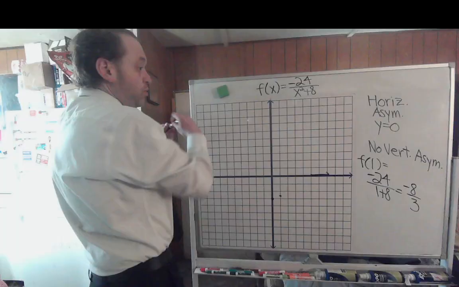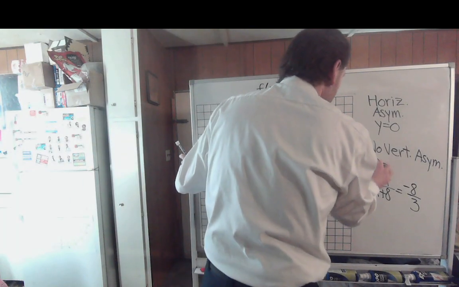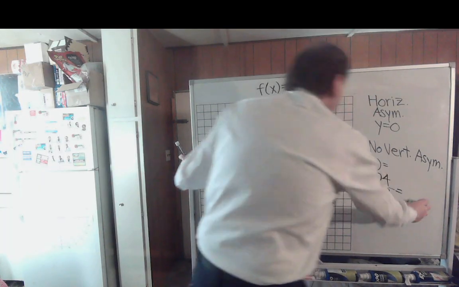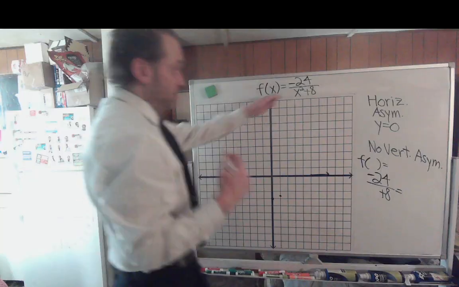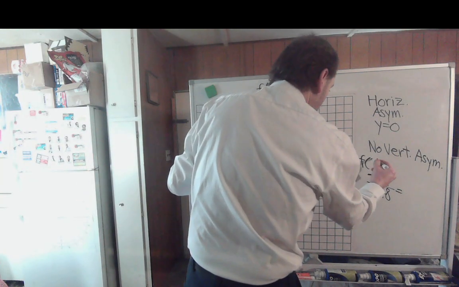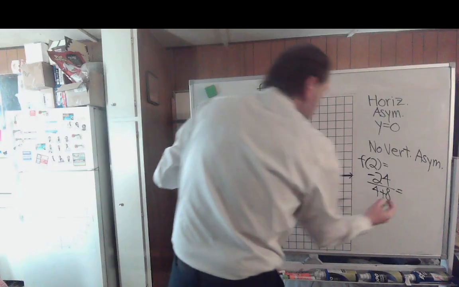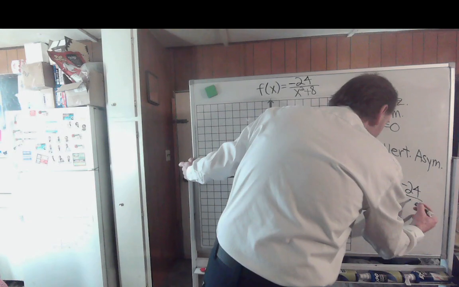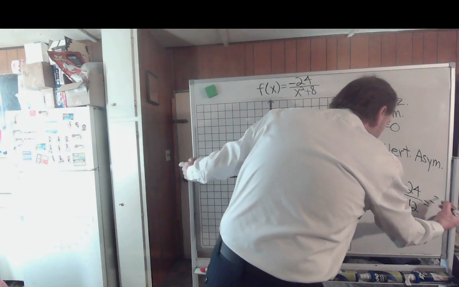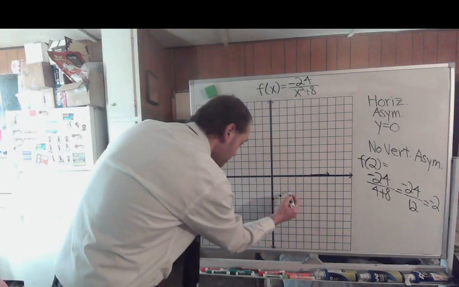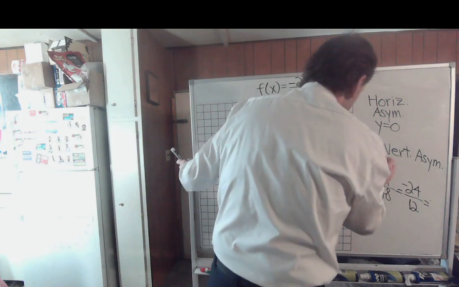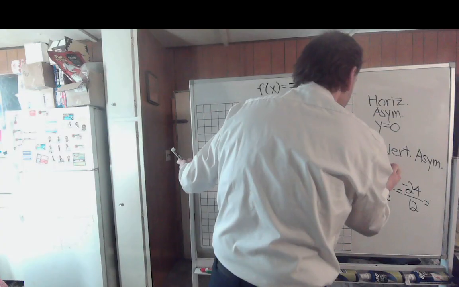All right, now what about when we do f of 2? F of 2, well, 2 to the second is actually 4. So this would turn into negative 24 over 12, which would just give you a y value of negative 2. So at f of 2, you'll get negative 2. All right, now what about, let's do 3 for good measure.